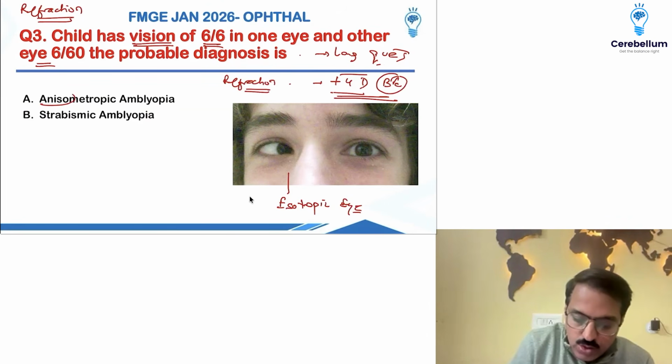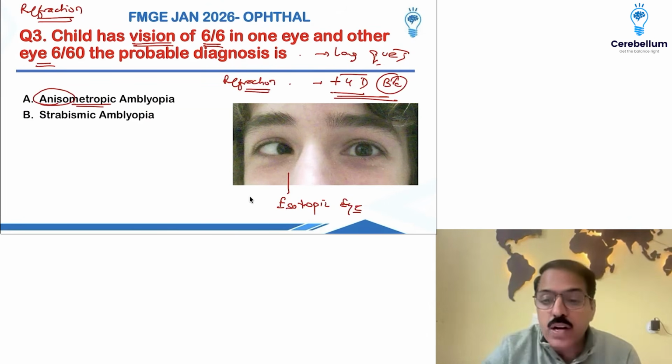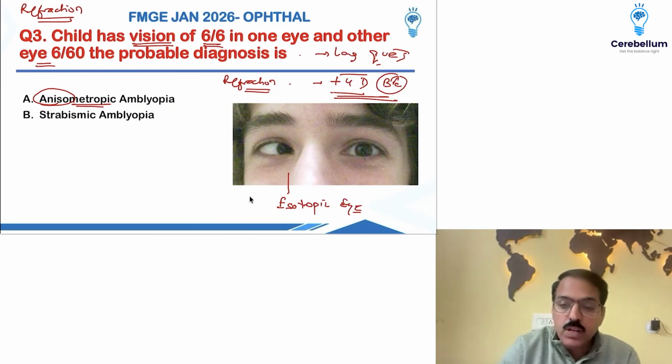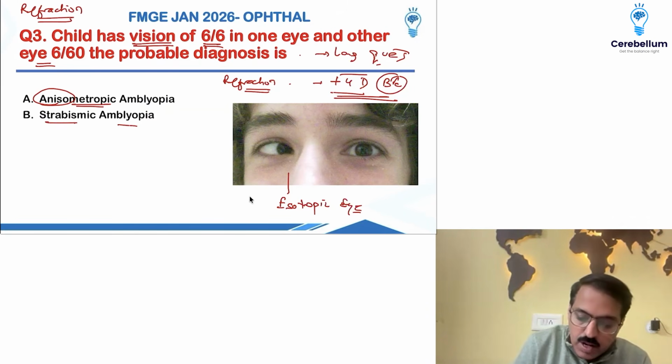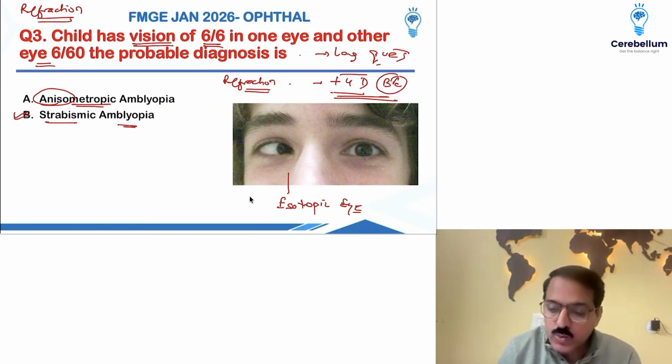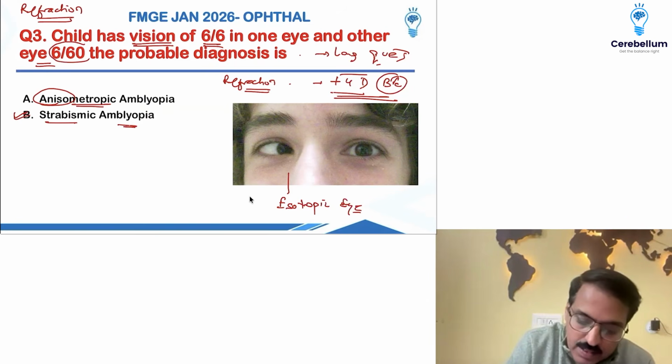So how can it be anisometropic? In anisometropia the refraction has to be different. Since both eyes have +4 diopter, it will not be anisometropic. So this is strabismic amblyopia. Strabismic squint: one eye has 6 by 60, the other eye has 6 by 6.